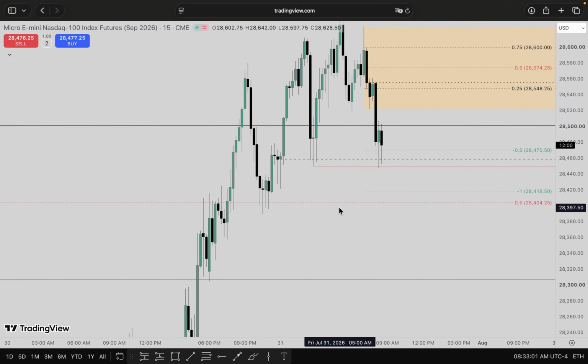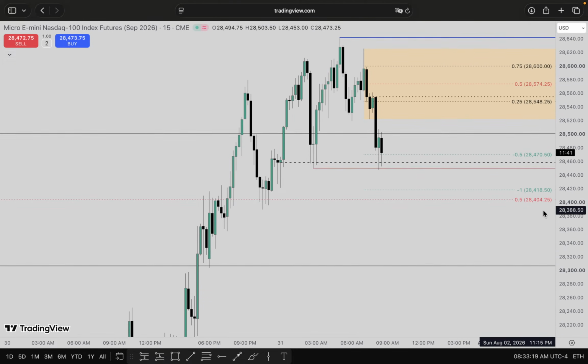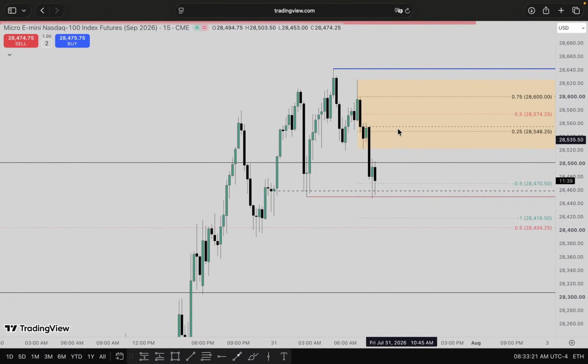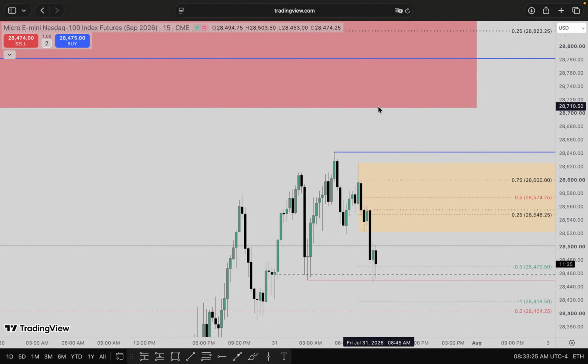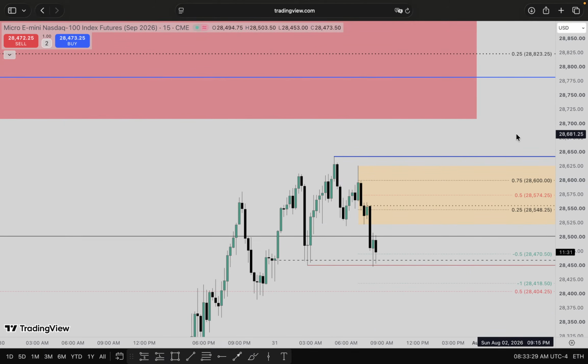And if we don't run for that, then I like to see these relative equal lows right here taken out, and then that'd be NQ reaching the midpoint inside of this new week opening gap right there. And then again we're leaving these relative equal highs, and then we have a higher time frame FVG that we can reach, and then some more buy side up here that we can reach.